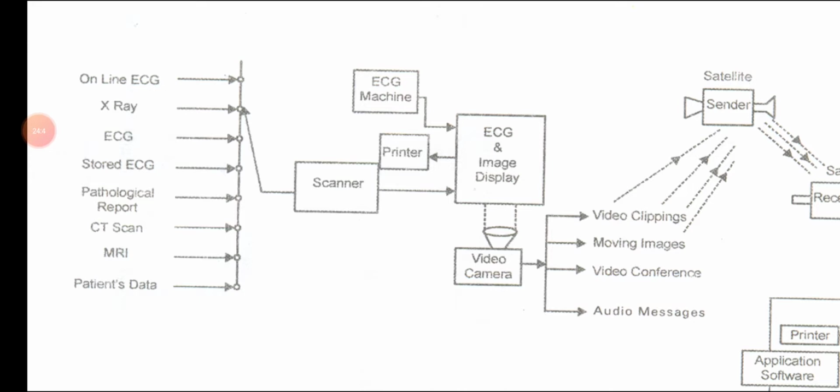The patient data, primary data, consists of name, age, sex, telephone number and address, and patient identity.